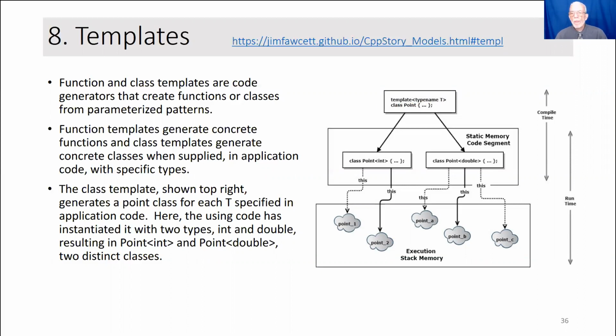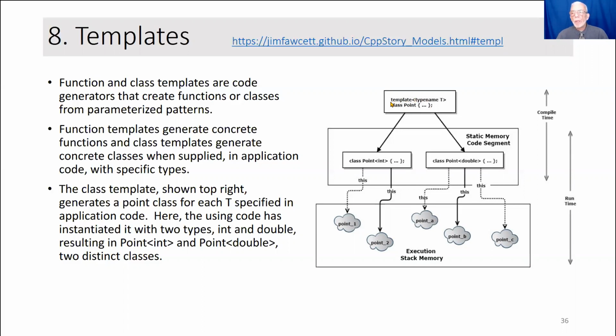So if we templatize that class point with a template parameter T, where T is the type of the coordinates, each coordinate could be, for example, an instance of a class that had some information about the coordinate, or it could be an int, a double, or a float. So we have a template class point.